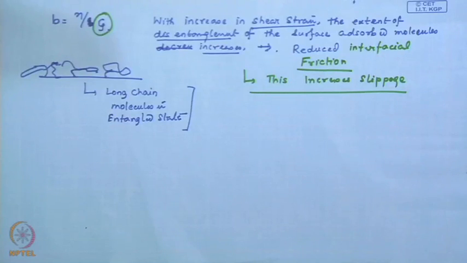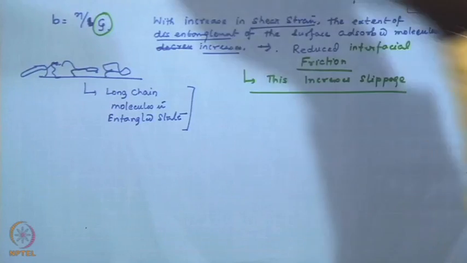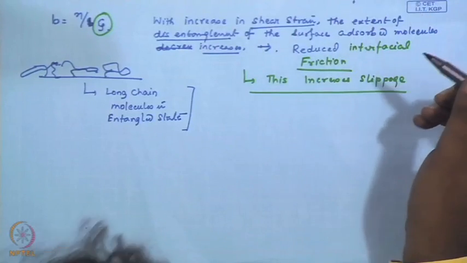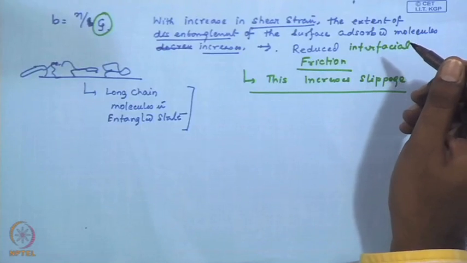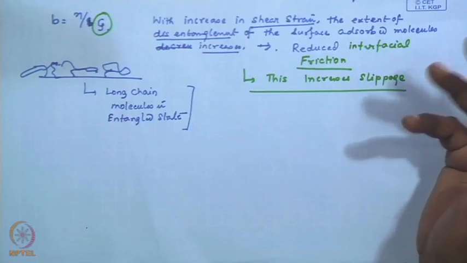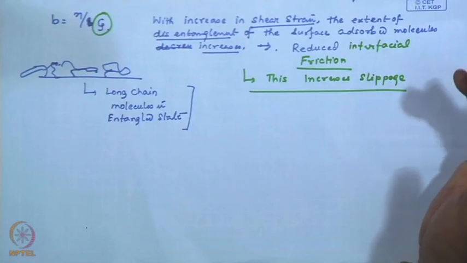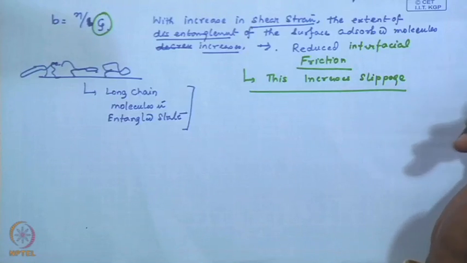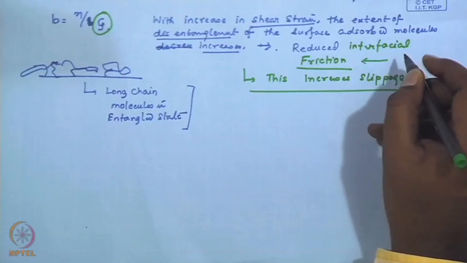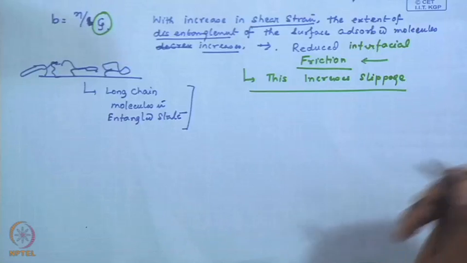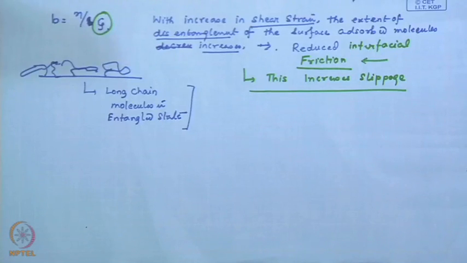We have also argued that with increase in shear strain, the extent of disentanglement of the surface adsorbed molecules increases, their level of entanglement reduces. This results in reduced interfacial friction and increases the slippage.